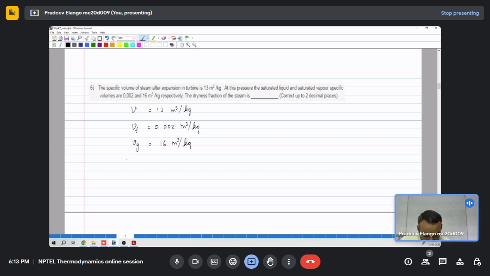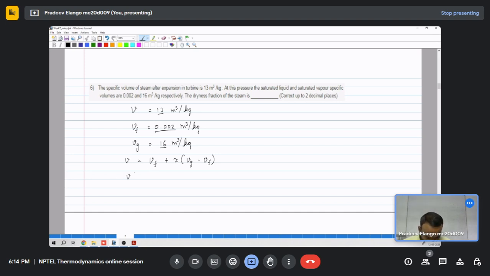So the final specific volume can be written as the specific volume of the saturated liquid plus dryness fraction into specific volume of the Vg minus Vf. So now you can simplify: compared to 16 and 13, this value Vf is very low, so you can neglect it.